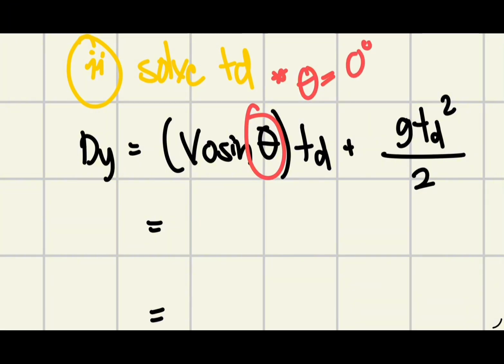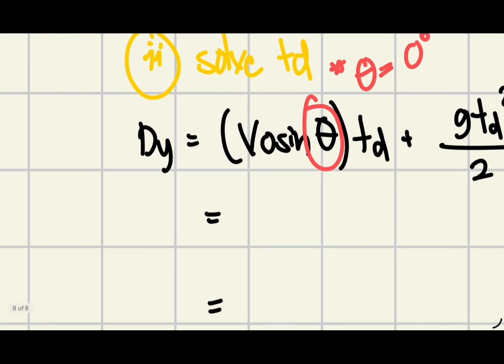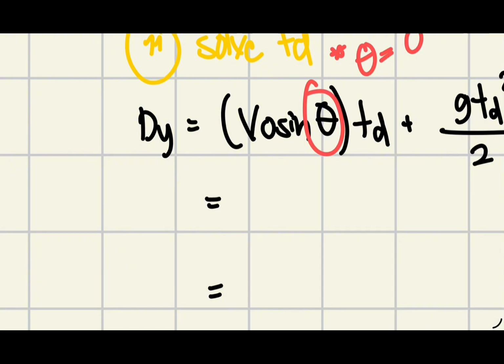This is because, as I said earlier, we are starting from the very peak, so theta should always be equal to 0 degrees, or rather the projectile is starting from the positive horizontal axis, which is just 0 degrees. So we substitute. This should be negative since we're going down.